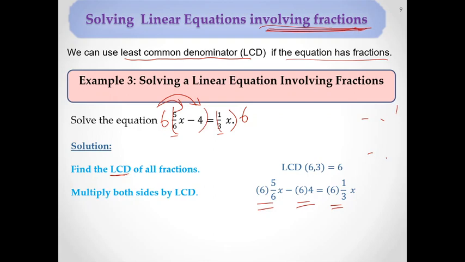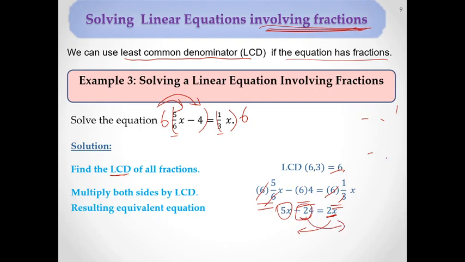And then, okay, what's the advantage of using LCD? We expect the simplifications like this, and they will make 5x, and 6 and 3 will make 2. So we will end up with 5x, negative 24, and then 2x, and then send 2x here and send negative 24 here.